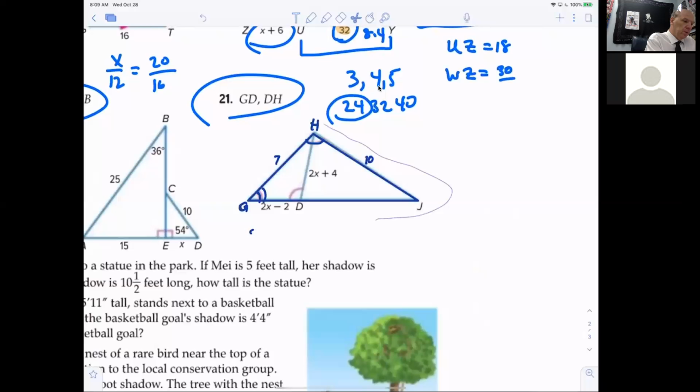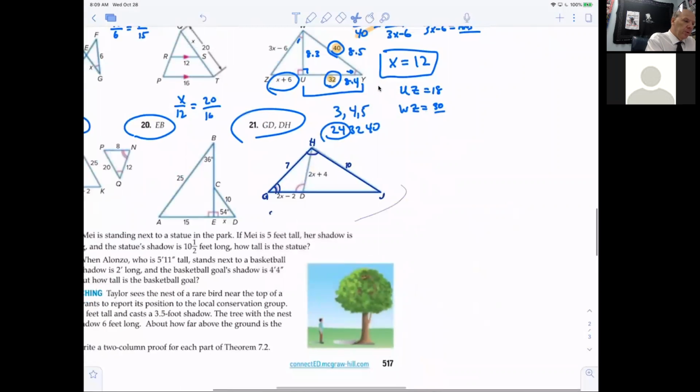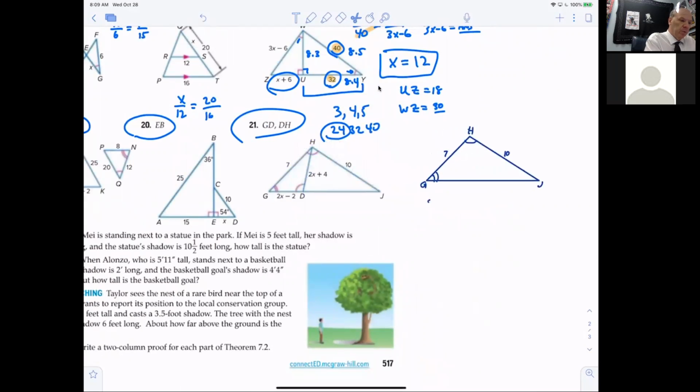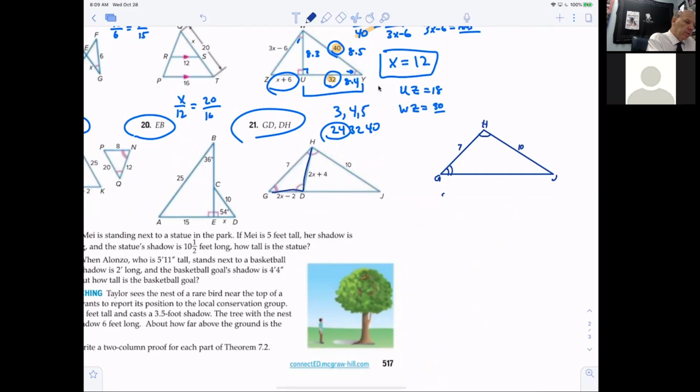So what I'm going to do is J. And this is what I'm hoping you do on your iPad. Just kind of move it over. And then you do the other one that they're talking about. And then you go ahead and mark the figure.